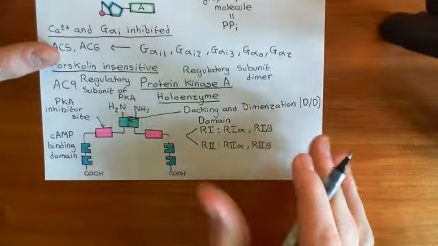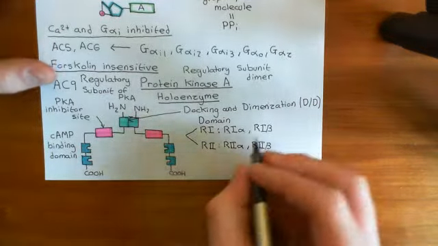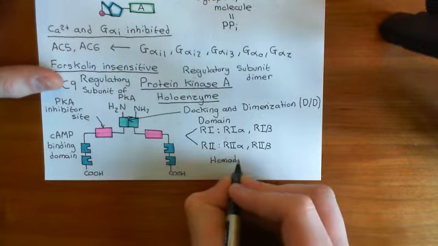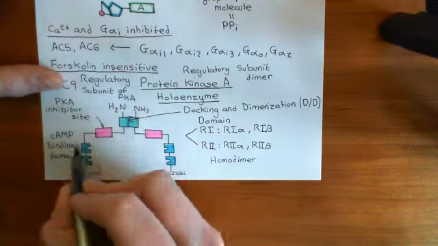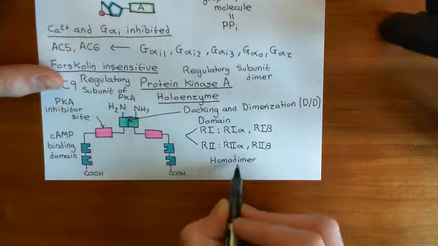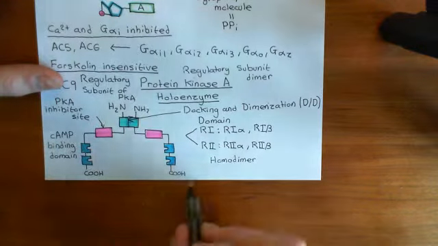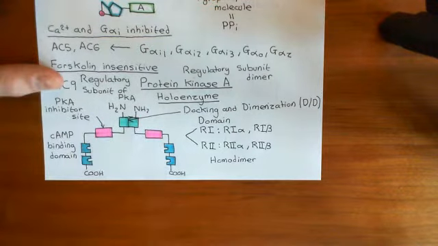Okay, so basically, you can form homodimers. If you have 2 identical regulatory subunits in the 2 slots here, so this one is identical to this one, then it's called a homodimer. Homo means same, dimer means 2-membered structure. So this is a 2-membered structure, a dimer, where both of the regulatory subunits are the same.